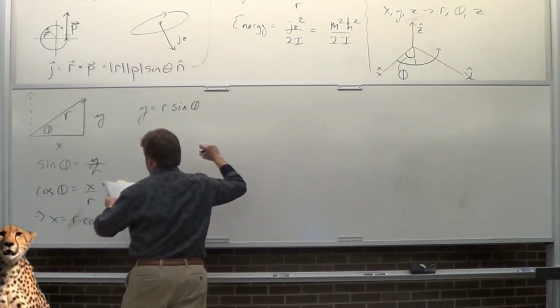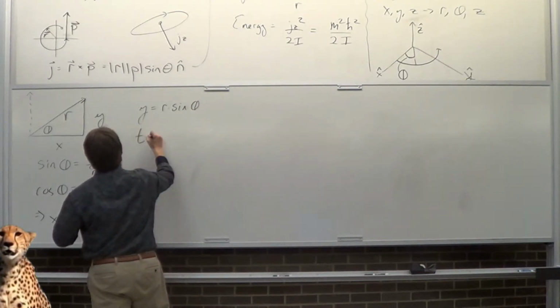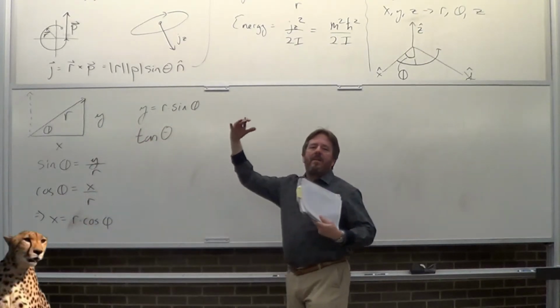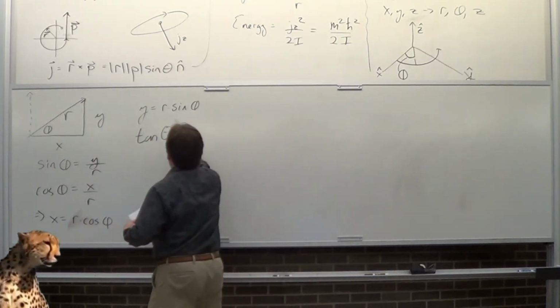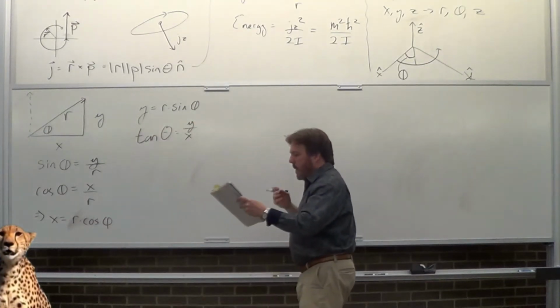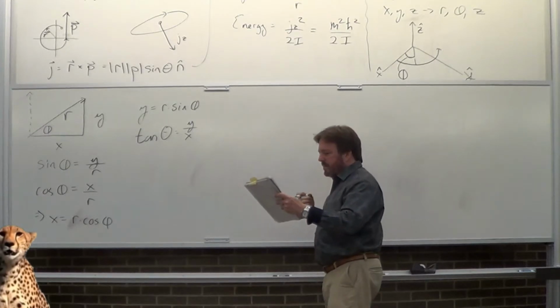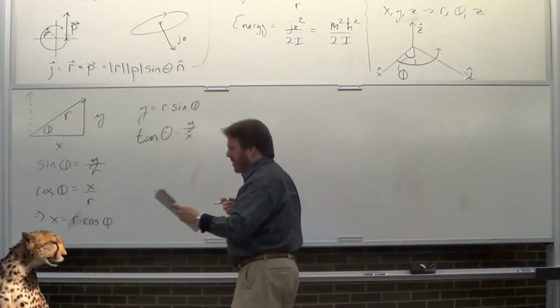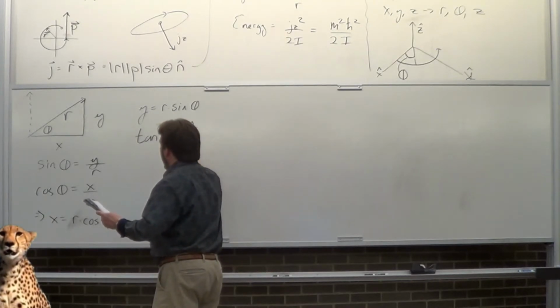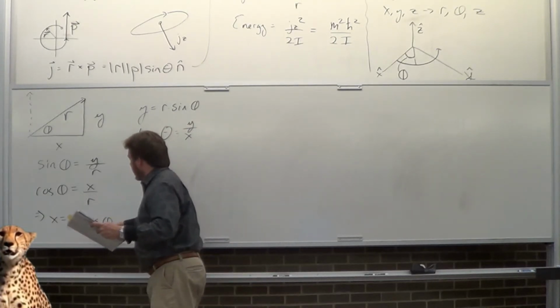And this is the one that's a bit of a pain: tangent of an angle is far over near, so that's y over x. So I've got the angle defined three ways, and I've got a way to solve.